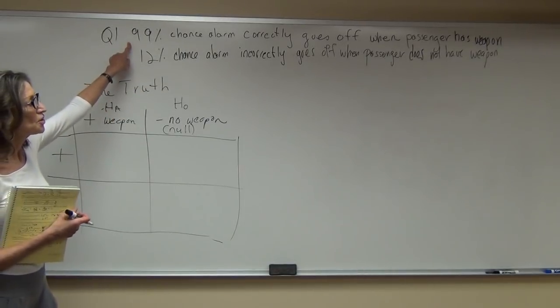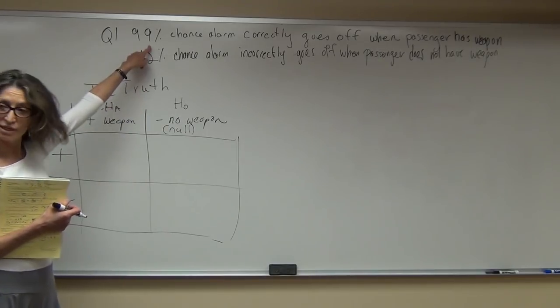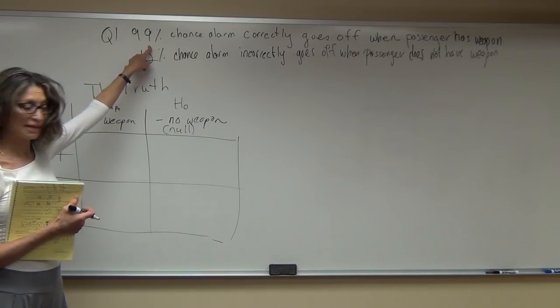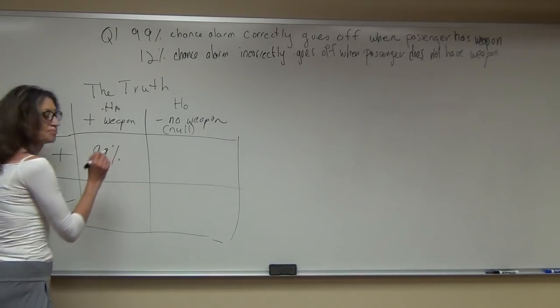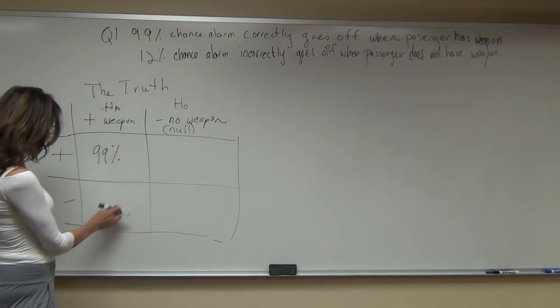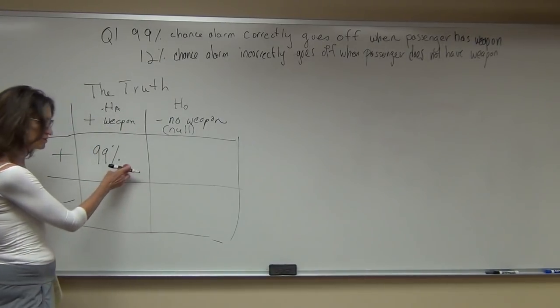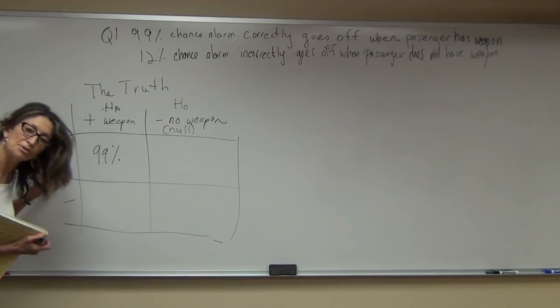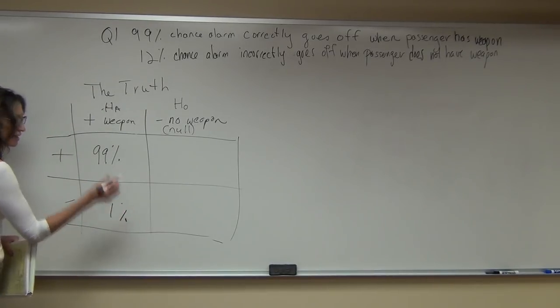This says when the passenger has a weapon, there's a 99% chance that it correctly goes off. So this is 99%. That means in the situation where he has a weapon and you make a decision, either the alarm goes off or it doesn't, that has to add up to 100%. So this is a 1% error.